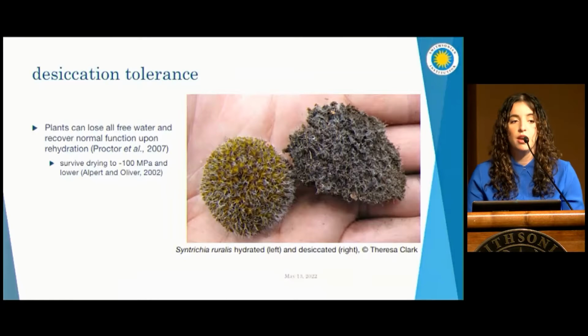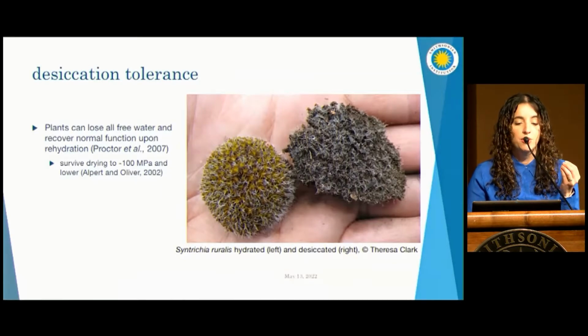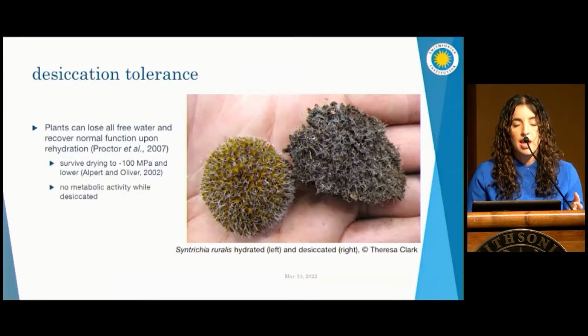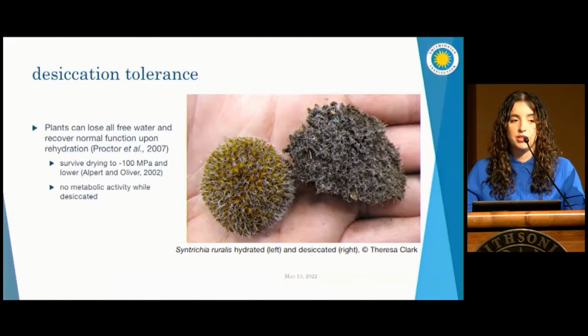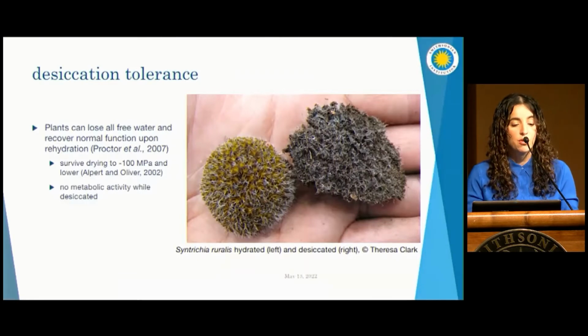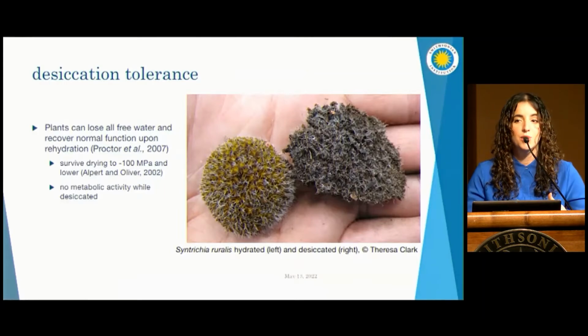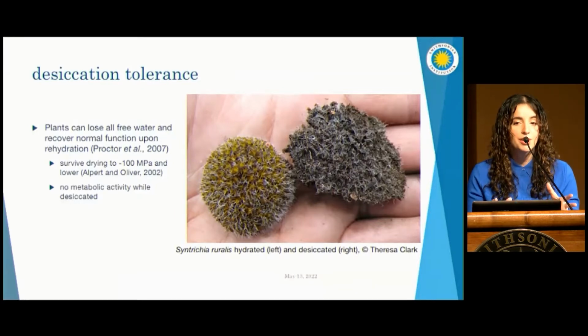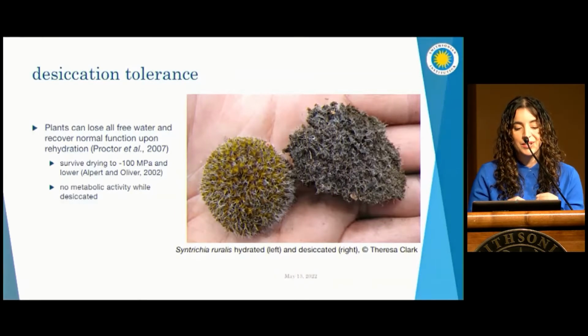With those very low relative humidities you get in deserts, mosses dry out even more, survive extremely low water potentials, and come back to life, so to speak, when water is present. In fact, when they are dried out or desiccated, this process is known as desiccation tolerance, there's actually no metabolic activity whatsoever. So they're really, really quiescent is the right way to put it.